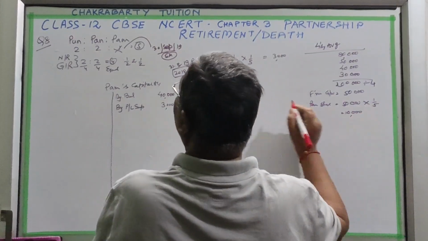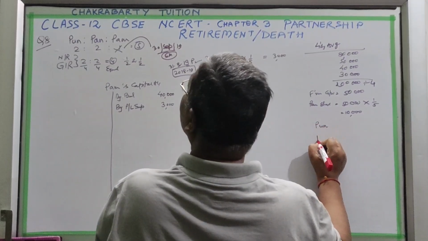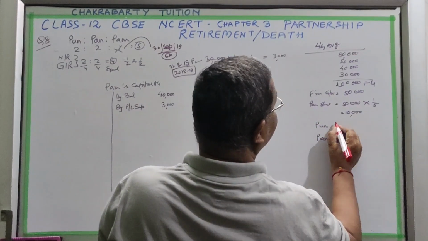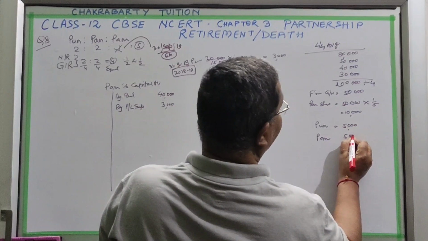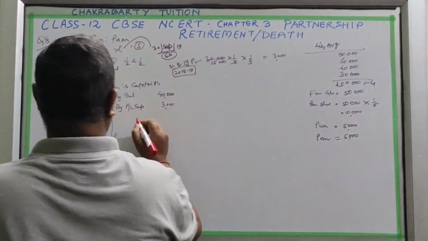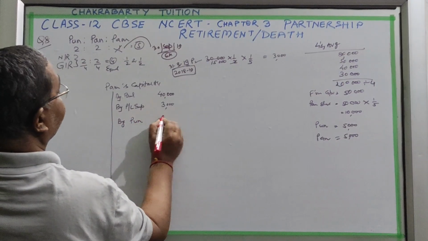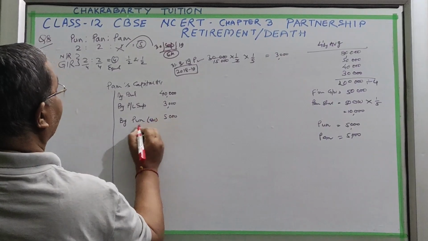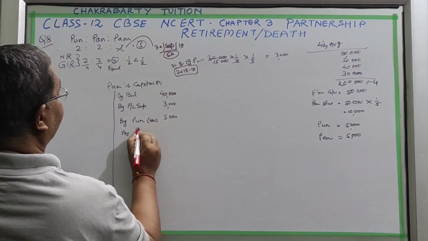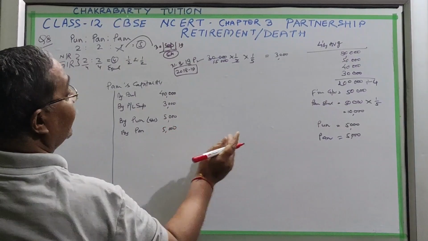This will be given by Puneet and Pankaj equally, 5,000 and 5,000.